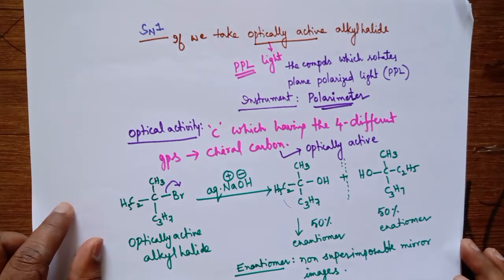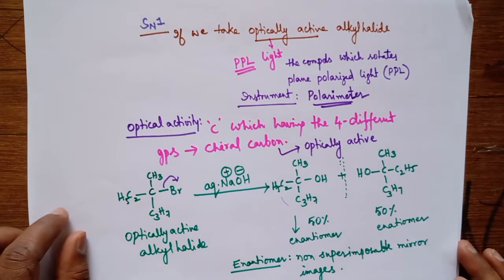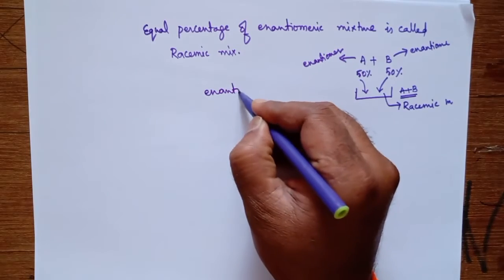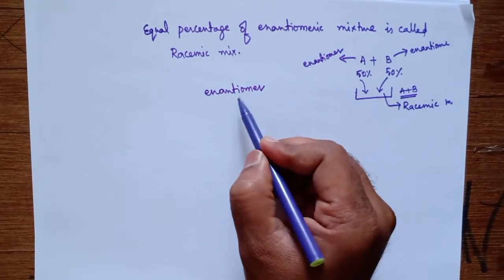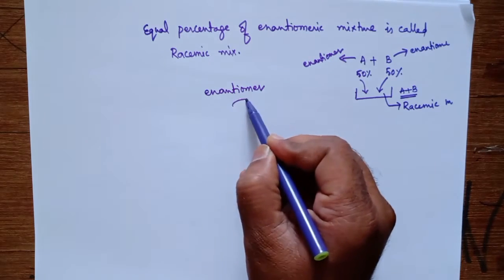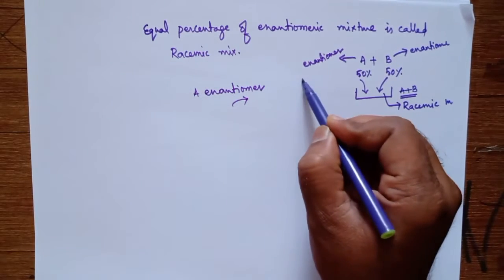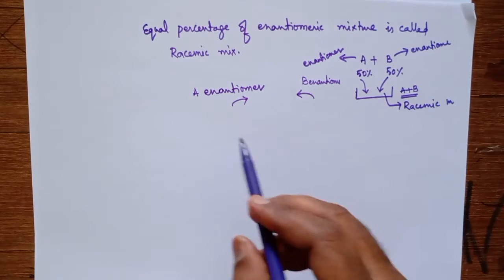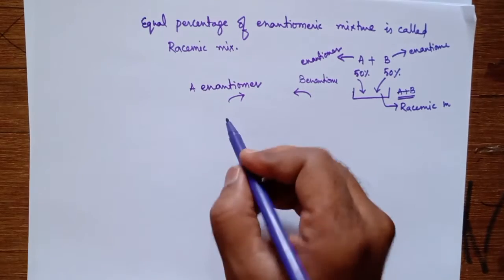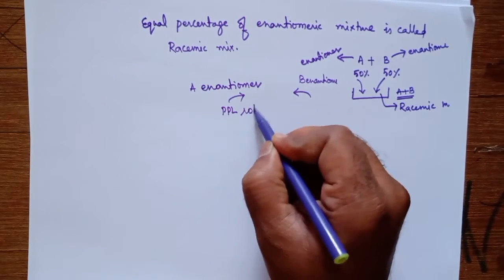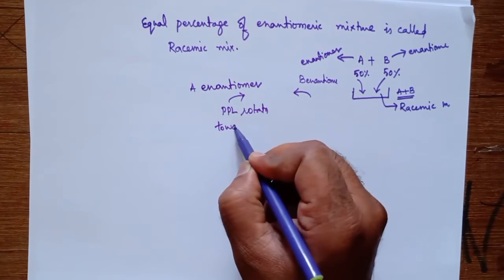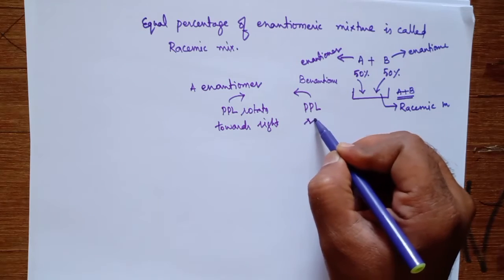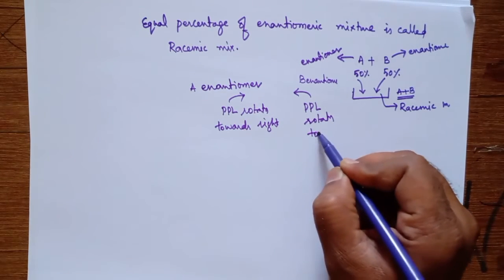If it rotates to the left, it is levo-rotatory. So one enantiomer rotates the plane polarized light towards the left side, and the other enantiomer, the B compound, rotates the plane polarized light the other way. Suppose we assume that the A enantiomer rotates the plane polarized light towards the right, and the B enantiomer rotates it towards the left.